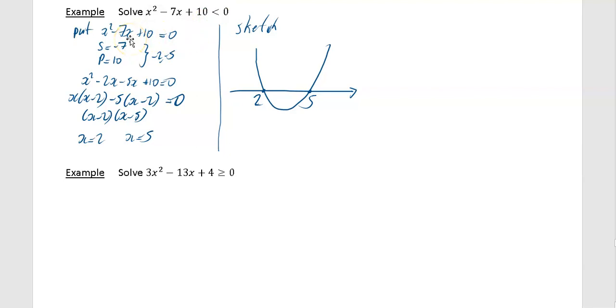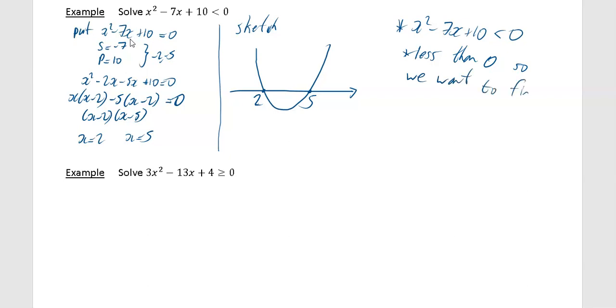So I'm just going to note at the side here, we wanted x squared minus 7x plus 10 to be less than 0, so we want to find when it is below the x-axis. That's what we're looking for. Okay, so it's less than 0, so we want to find out when it is below the x-axis.